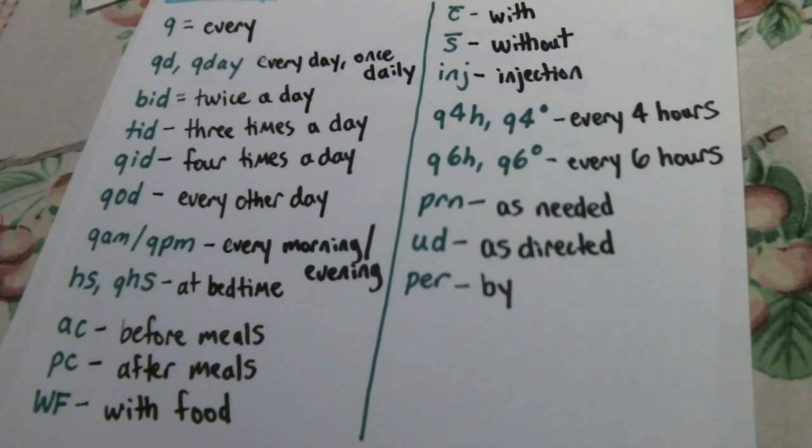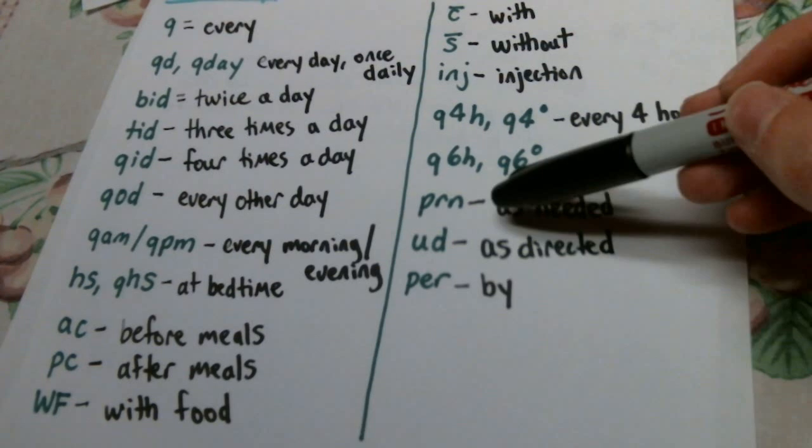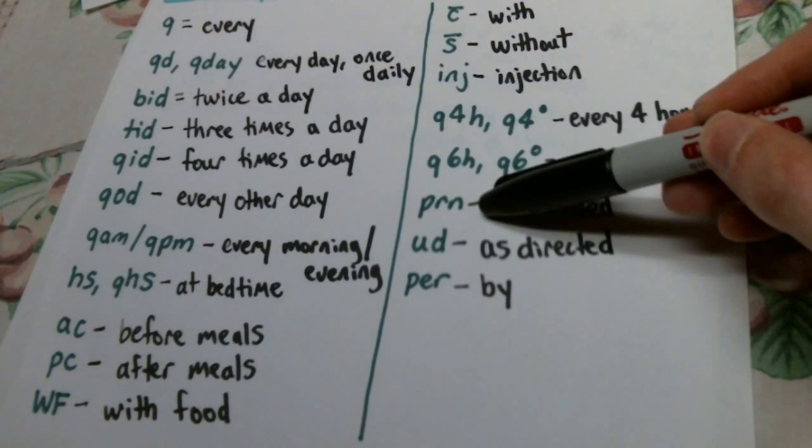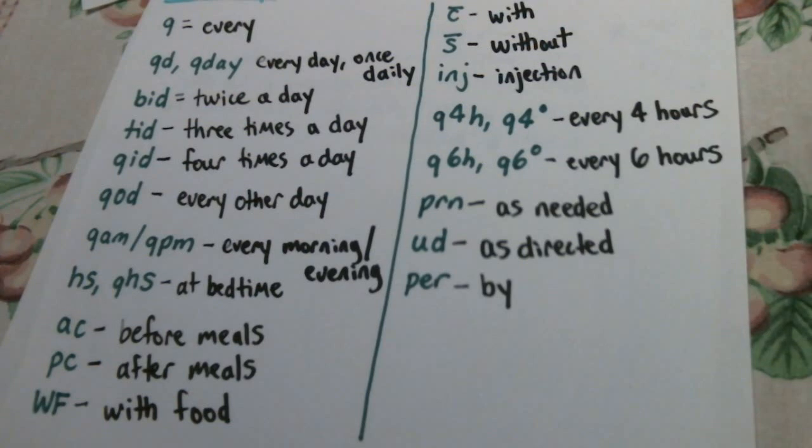You can use PRN for medications that are not scheduled, such as pain medications, which may be ordered every 4 hours, every 6 hours. If the order is given for PRN, the medication can be given every 4 hours or every 6 hours, but it's only given as needed.